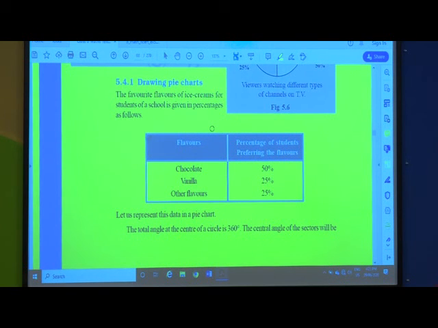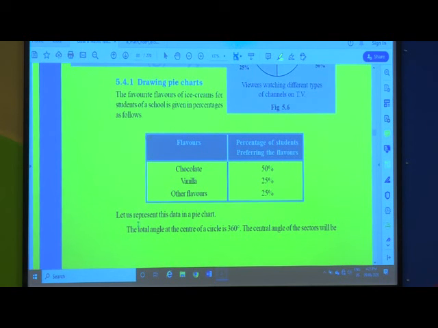And in the second column, percentage of students preferring the flavors. 50% of the students like chocolate, 25% like vanilla flavor, and the remaining 25% like some other flavors. Now what we have to do with this?